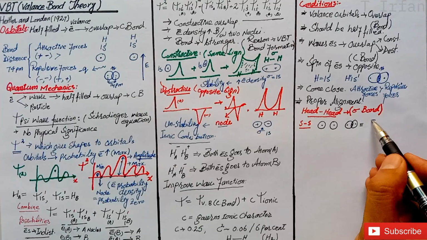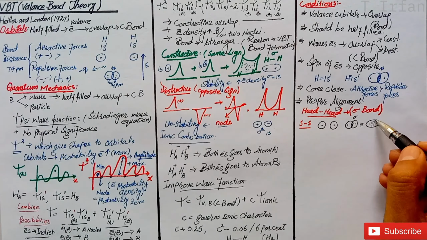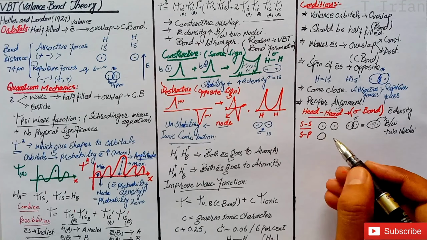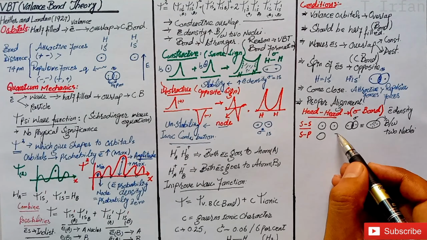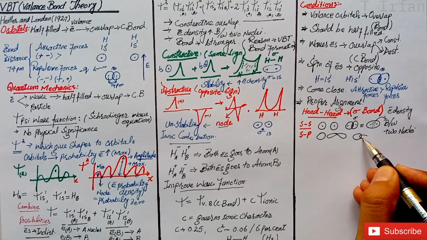Here the electronic density is maximum between the two nuclei, and we can represent it in this way. When s and p orbitals overlap, they also form a sigma bond, and here the electronic density is also maximum between the two nuclei, and we can represent this in this way.